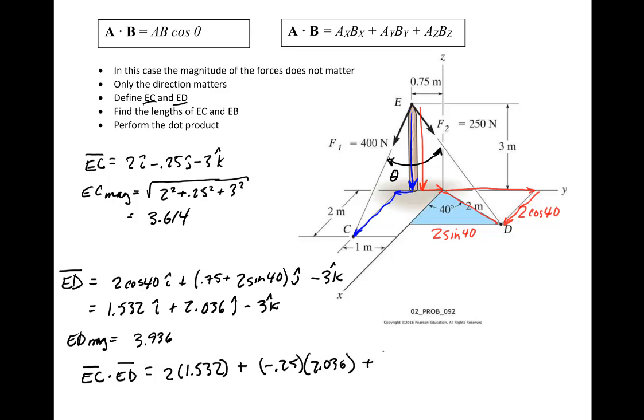So we're going to add negative 3 and negative 3. When you multiply all that together, you get 11.55. Anyway, so there is the scalar answer of this side of the dot product.